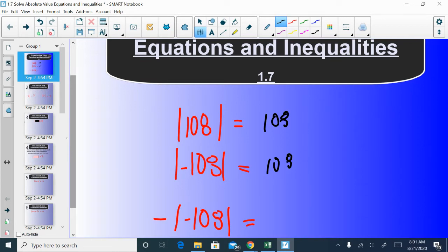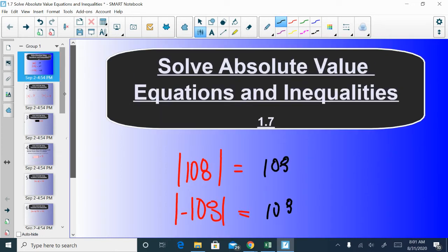In this question, absolute value signs act in PEMDAS like parentheses, so we do those very early. The absolute value of negative 108 is 108, and then there's this negative sign out in front, so that would be negative 108.